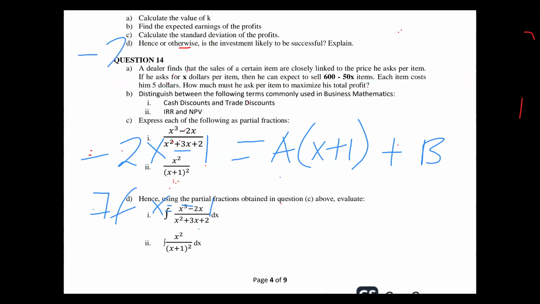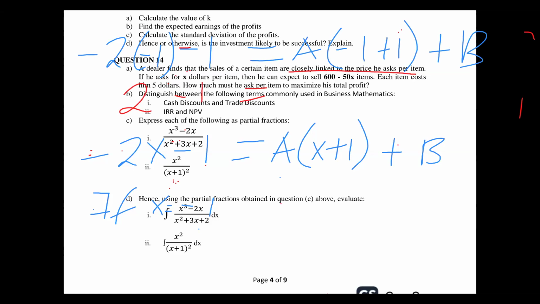It will be -2 times -1, minus 1, equal to A times (-1 + 1) plus B. Solving, -2 times -1 is positive 2, minus 1. The right side gives 0, because -1 + 1 is 0, times A is 0. So B is equal to 2 minus 1, which is 1. So B is equal to 1.